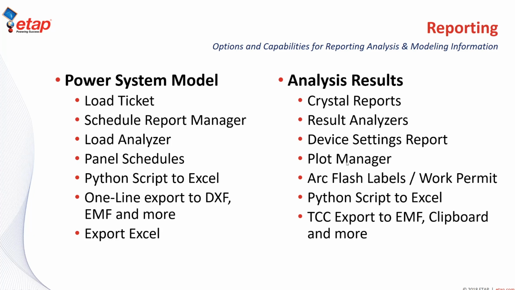We can also generate graphical reports using a plot manager. Further customized reports such as arc flash labels and work permits can be generated using Microsoft Word. And finally, we can also use Python script to Excel to generate our analysis results and use various techniques such as conditional formatting and so on that are included in Excel.